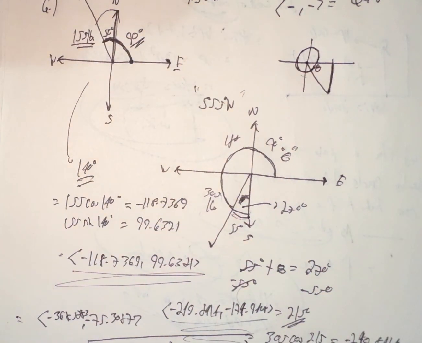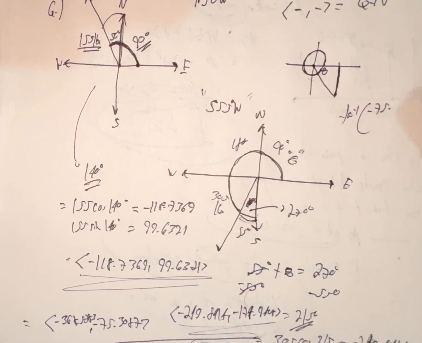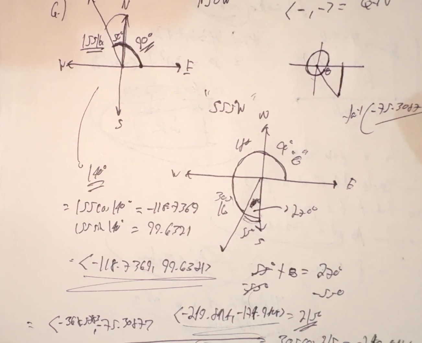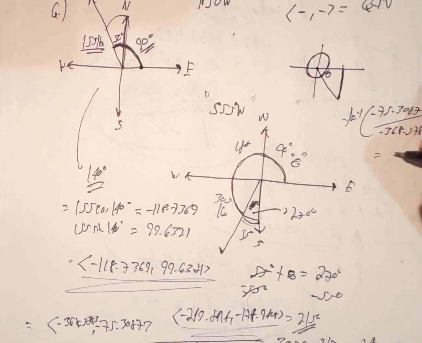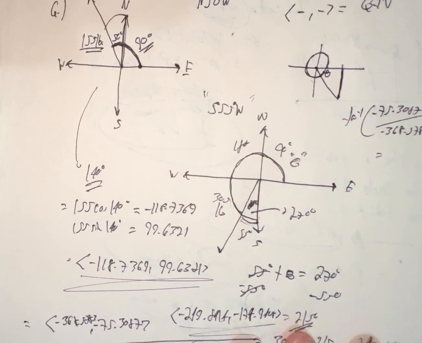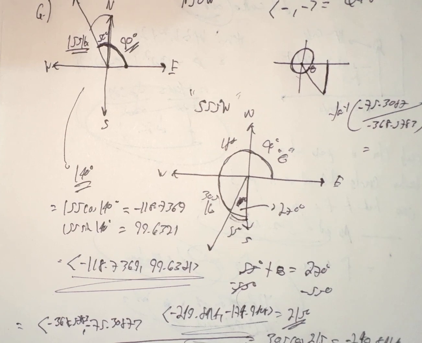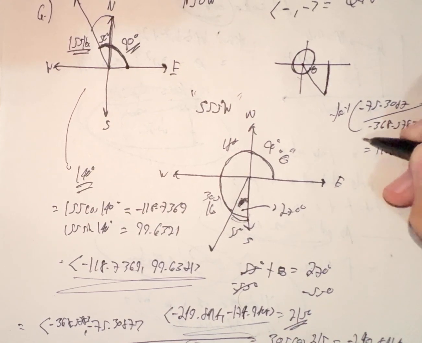So using our formula, tangent inverse of the y-axis, negative 75.3087 over negative 368.5783. I'm going to use my calculator for this one, and it gives 11.5475 degrees.